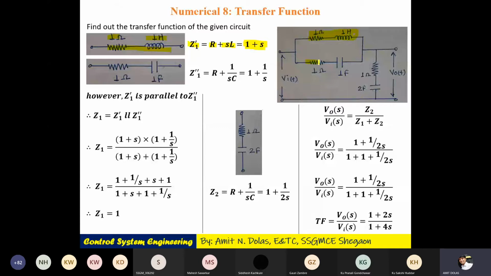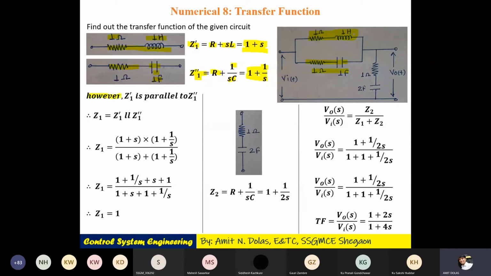Again, another one, you can see 1 ohm and 1 farad capacitor that is in series. So I'll call that Z1 double dash, a notation I have given. So it will be R plus 1 by SC. R value is 1 and 1 upon C value is also 1. So it will be 1 plus 1 by S, the value of this branch.